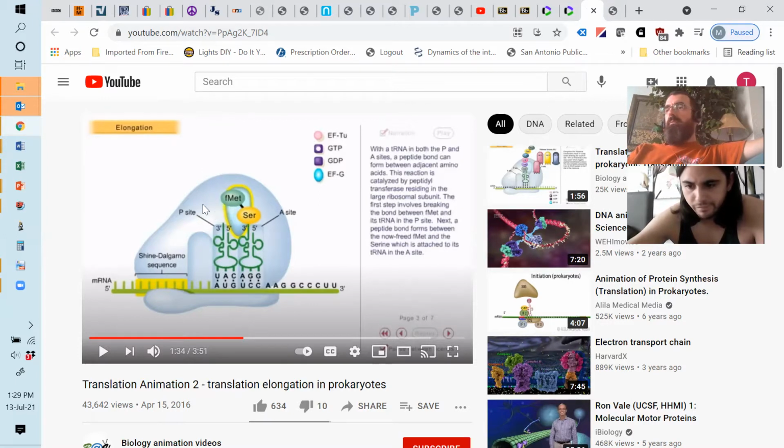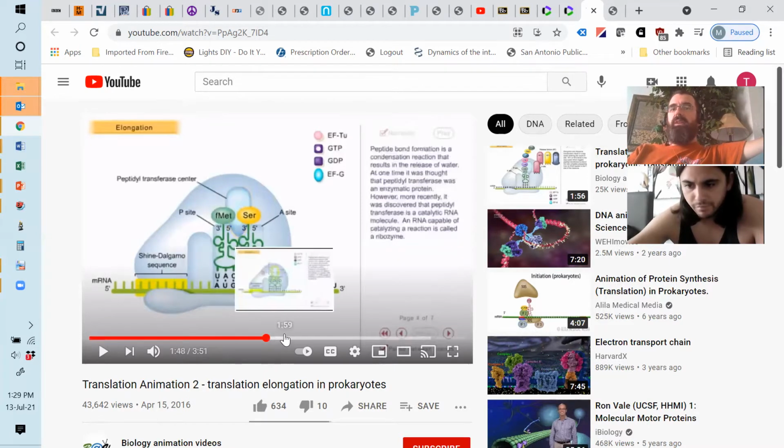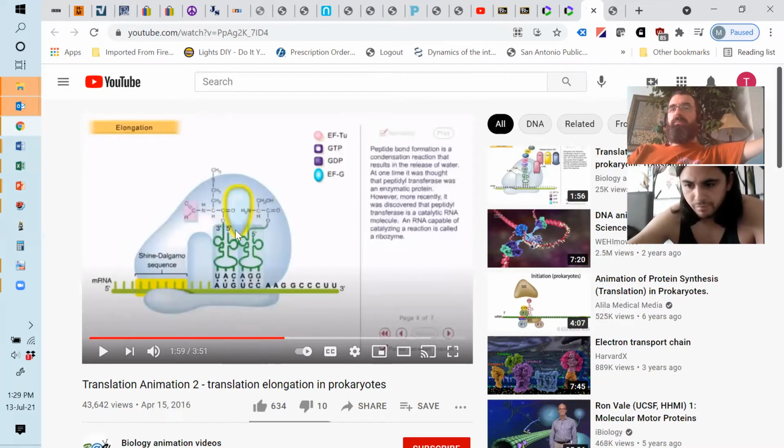And then once that methionine is free, we get the peptide bond formed between the two of them, like so. So essentially, you stick the existing amino acid onto the one coming in, right? So you take it off of the tRNA in the P site and you add it to the new tRNA in the A site.